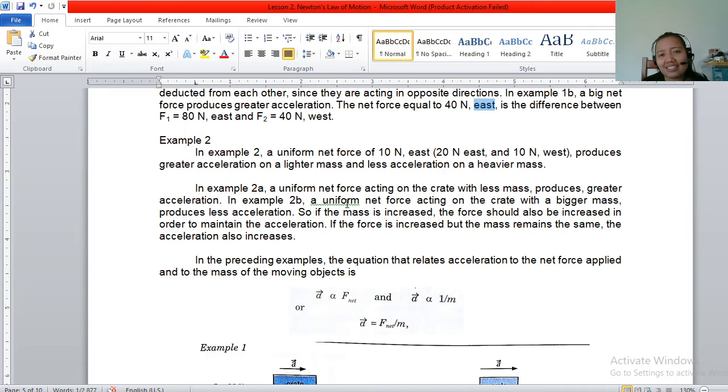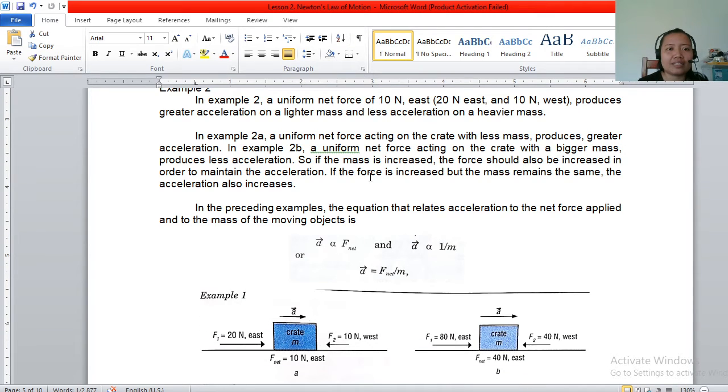Pero, less din ang acceleration if mabigat ang object. Okay. So, in example 2A, a uniform net force acting on the crate with less mass produces greater acceleration. Example B, a uniform net force acting on the crate with a bigger mass produces less acceleration.